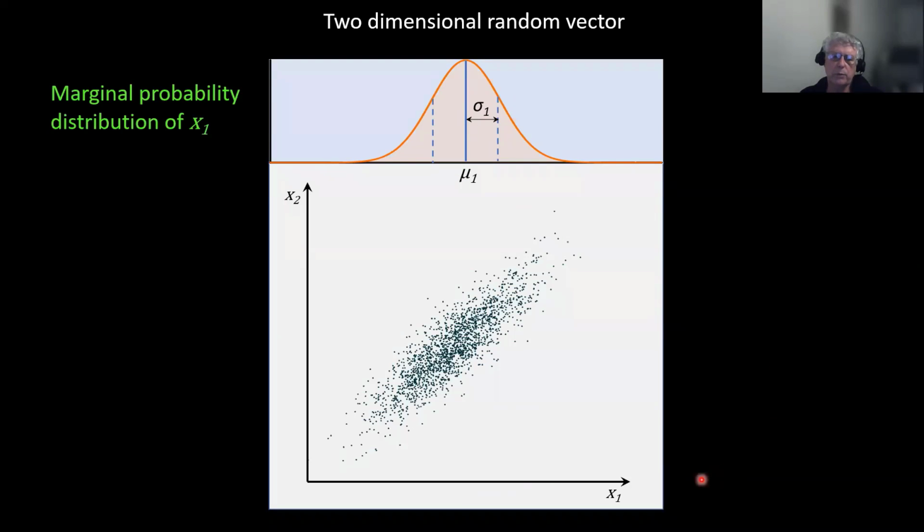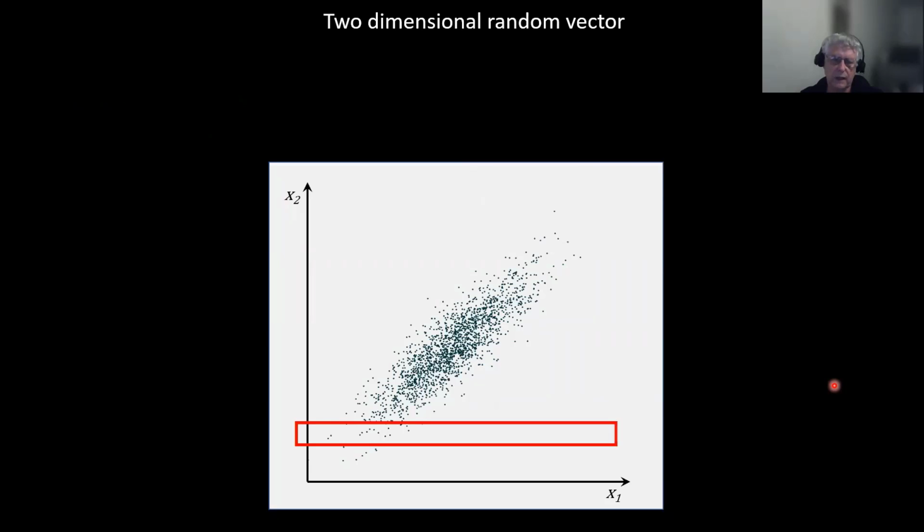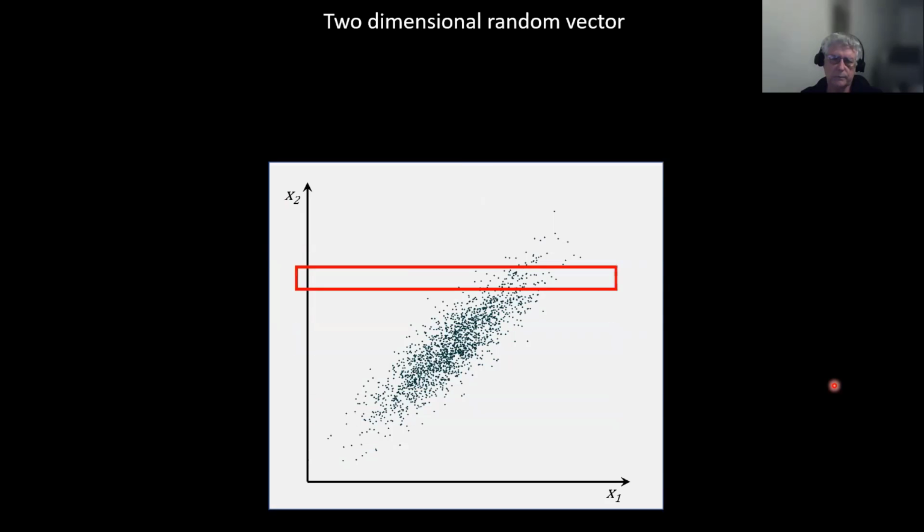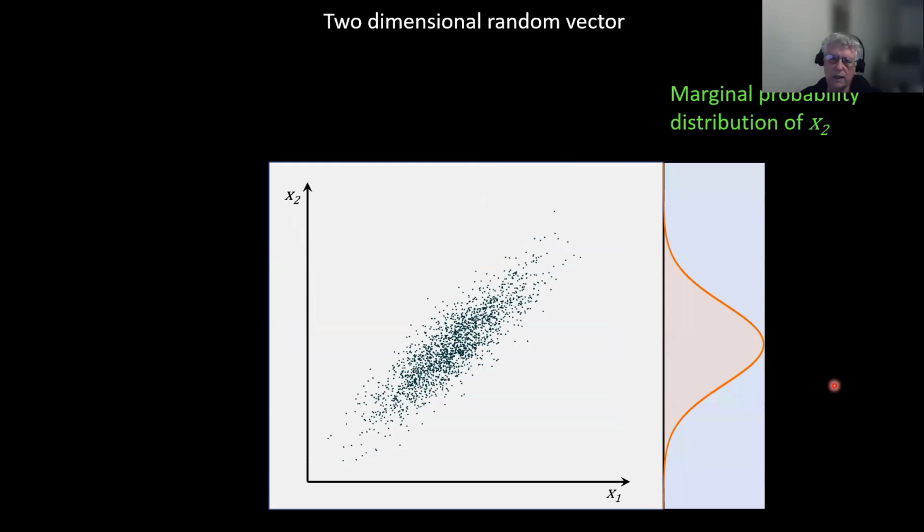This is the probability distribution of x1, the mean and the standard deviation of x1, and I don't care what x2 is. That's called the marginal properties of x1. I can do the same for x2. I can come up with a marginal probability distribution for x2, which is characterized by a mean and a standard deviation.